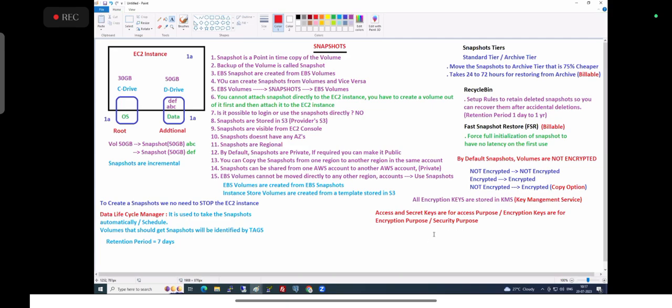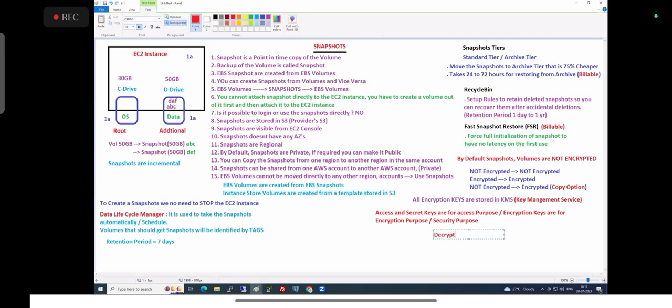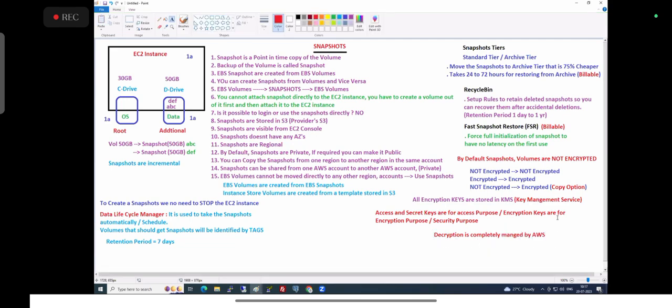And guys, decryption is completely managed by AWS. Encryption and decryption are very easy here. Don't think that it is very critical. It's damn easy here. So there will be a default encryption key.